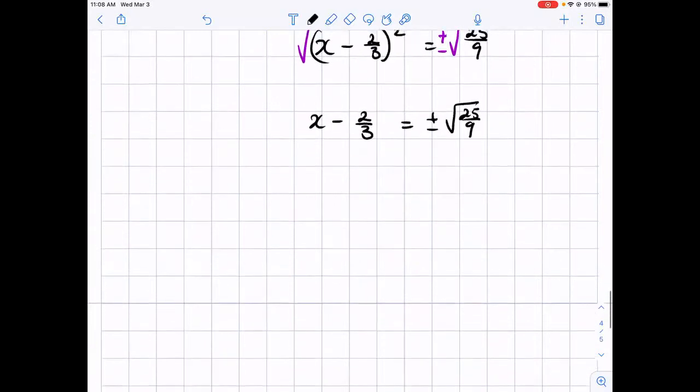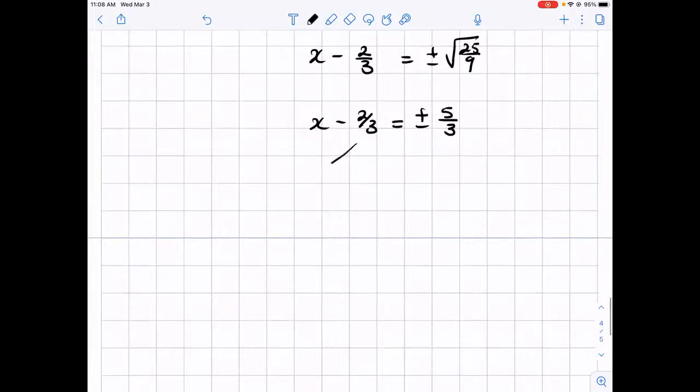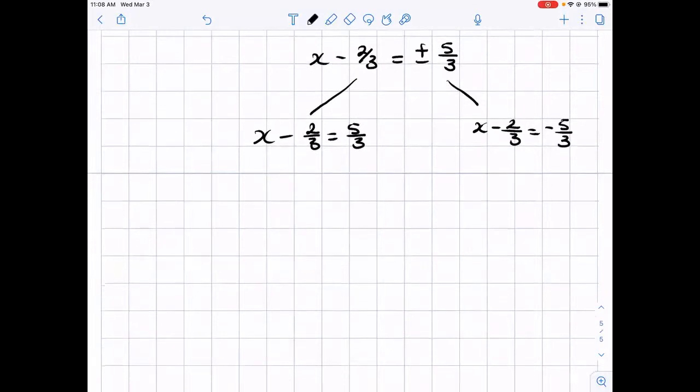We do know the square root of 25, it's a perfect square. And we do know the square root of 9, so this becomes 5 over 3. And then from here, we have two problems. We have x minus 2/3 is equal to positive 5/3, and we have x minus 2/3 is equal to negative 5/3. Those are my two numbers I'm looking at.